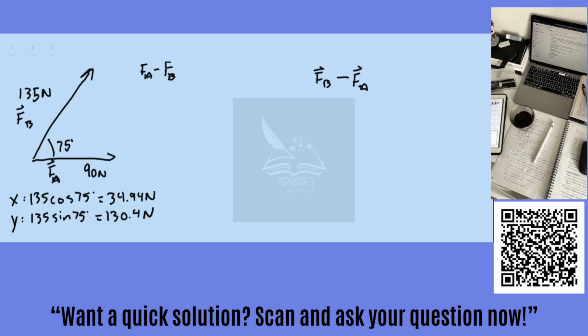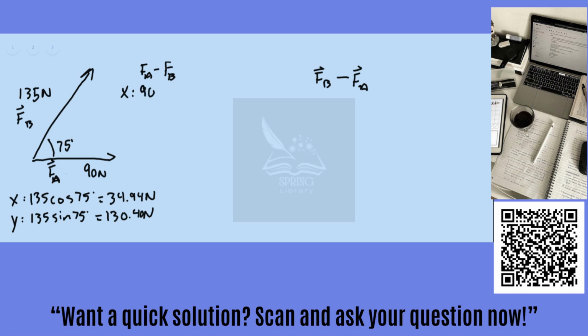All right. I guess this should be a 40. Keep the number of significant digits equal in both of these components. Let's find f sub a minus f sub b. So if we find the x components there, f sub a has a positive x component of 90 newtons.